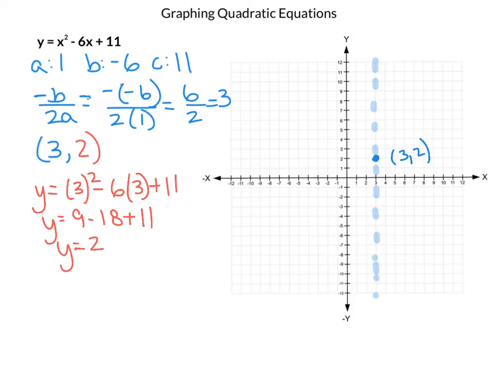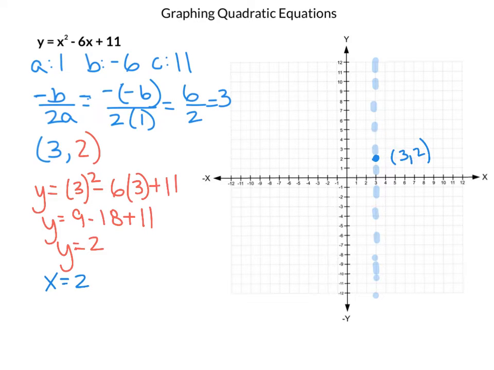Okay, so now I have to find some other points, and I can see where I have my axis of symmetry. So if I find a point that's on the left side, then I can plot a mirror point on the right side. So since my vertex is 3, 2, I'm going to try one x value to the left. So I'm going to figure out when x equals 2, what's my y value going to be?